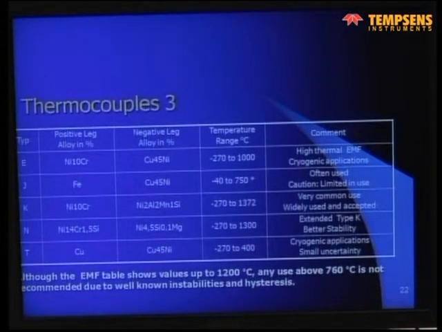But due to intercrystallation effects, especially in the iron leg, there are instabilities and hysteresis somewhere around 760 degrees. And therefore we added in the standard a recommendation not to use a type J thermocouple at temperatures above 750 degrees.